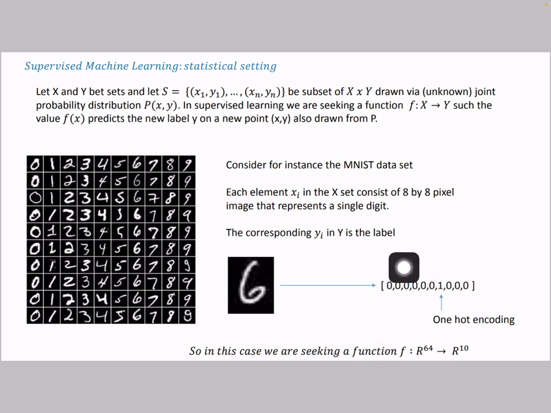So we are seeking, in this case, a function from R^64, so 8 by 8, 64, to R^10. 10 here is the number of labels. So we are seeking a function that, after training, after seeing this dataset, can predict the correct label on a given new image sampled from the probability distribution that gives us this MNIST dataset.